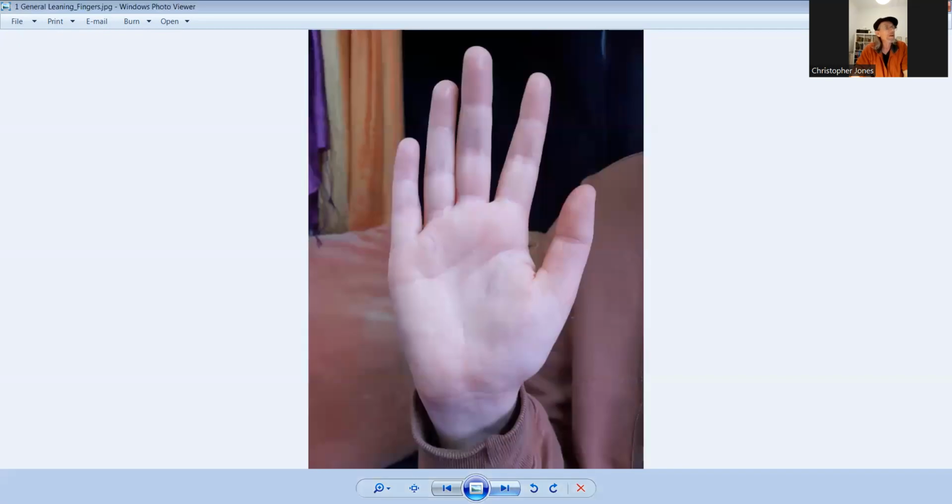So one obvious example that we can see here is how the fingers on this hand are all leaning towards the thumb side. This is a classic case of what we call leaning fingers. It's not just that the fingers are bent, but they are actually all rotated towards the thumb side of the hand. They're not sitting straight on the hand at all.